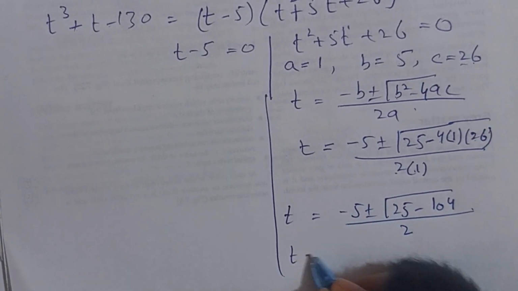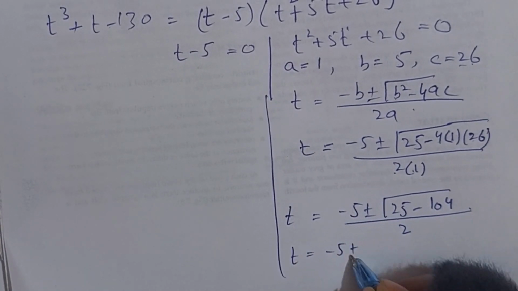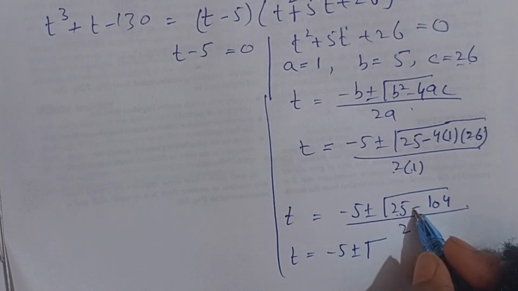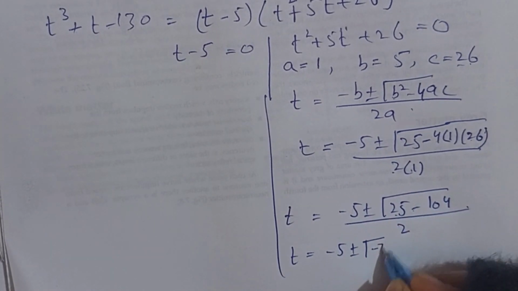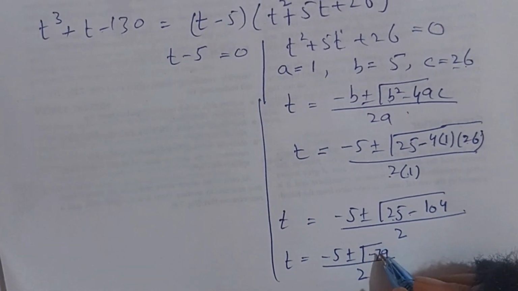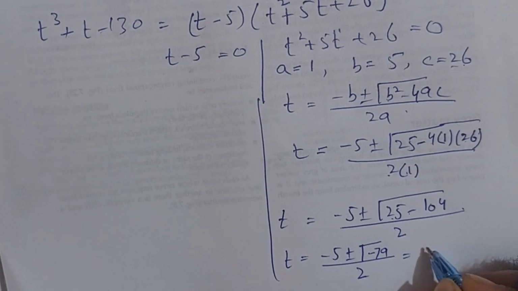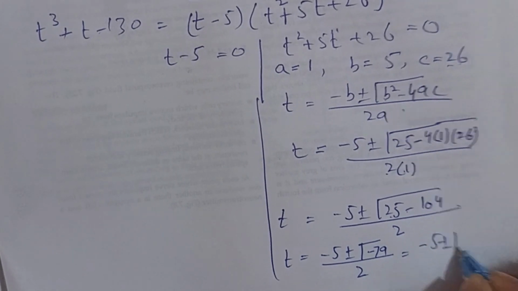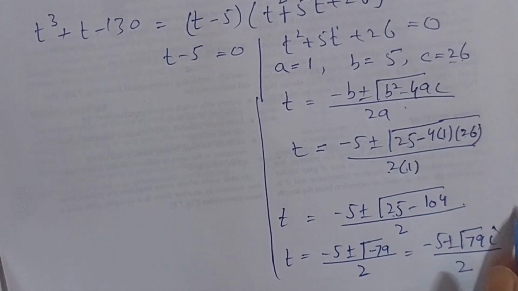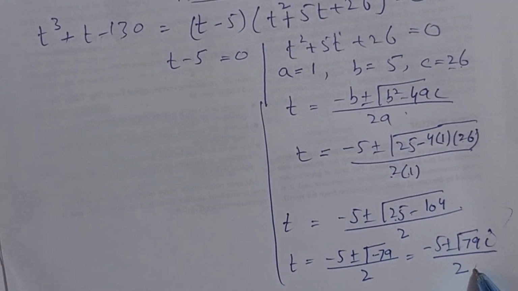So this is our t, it's equal to minus 5 plus minus square root of 25 minus 104 is minus 79, over 2, and we can write this as minus 5 plus minus square root of 79 i over 2. So this is a complex number.